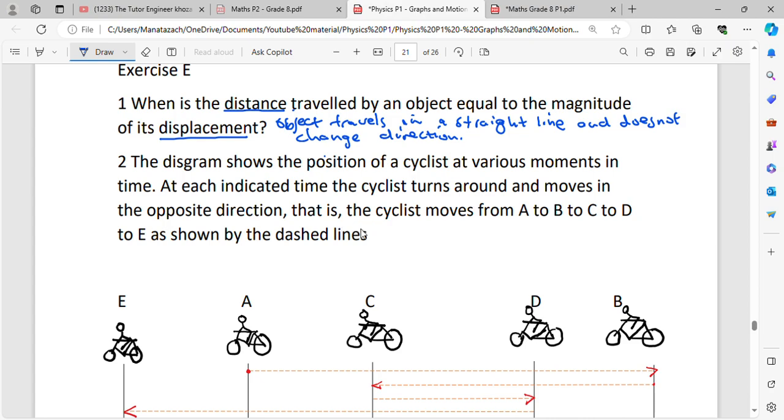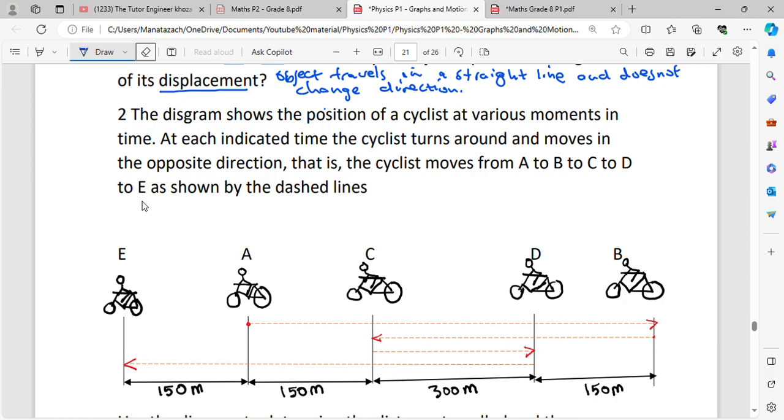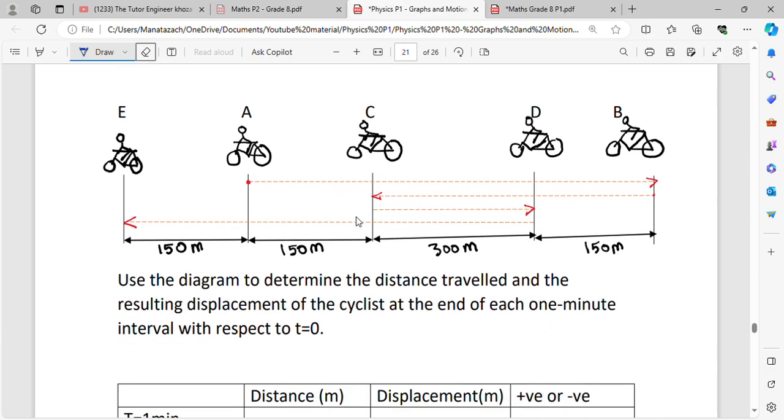That is, the cyclist moves from point A to B, from point B to C, from point C to D, from point D to E as shown by the dashed lines. The question is, use the diagram to determine the distance traveled and the resulting displacement of the cyclist at the end of each 1 minute interval with respect to time equal to 0.